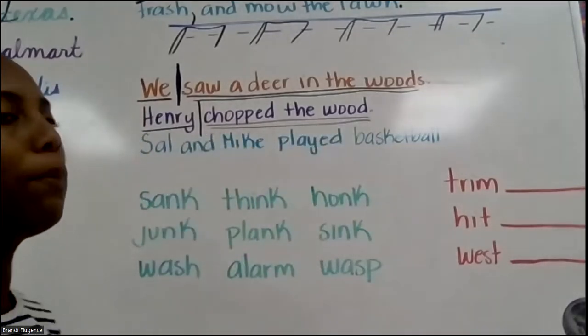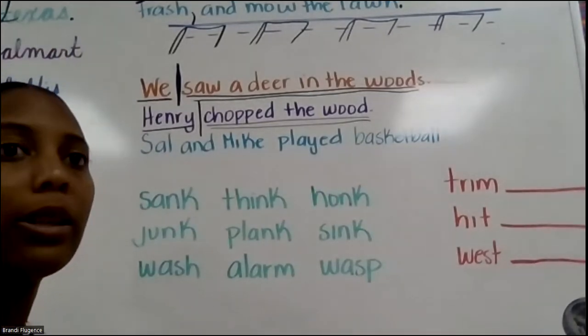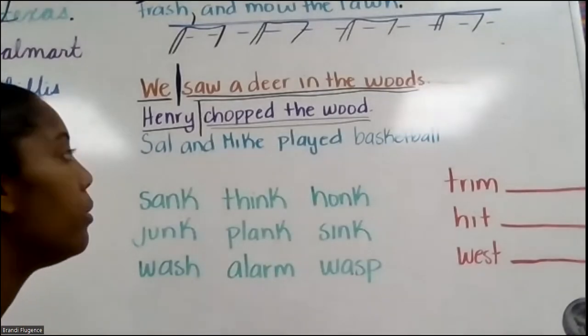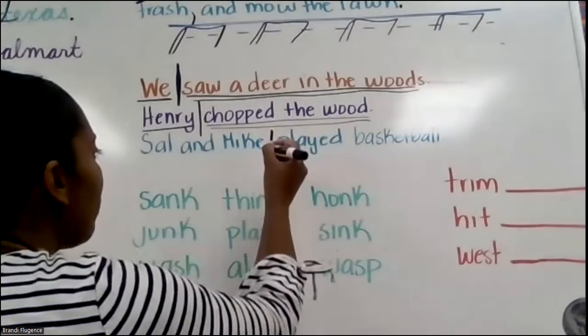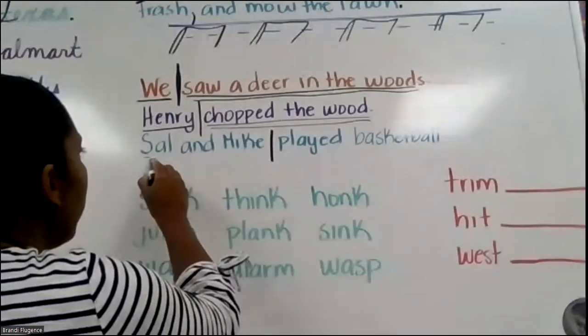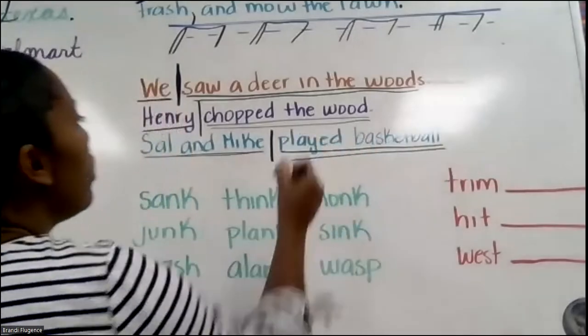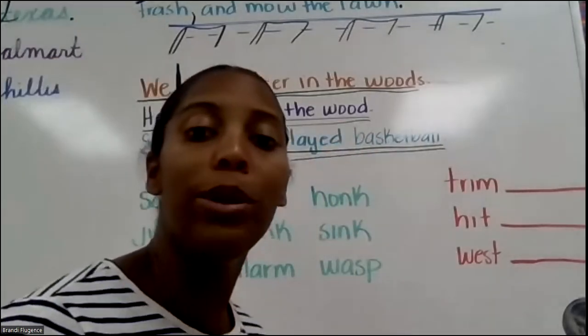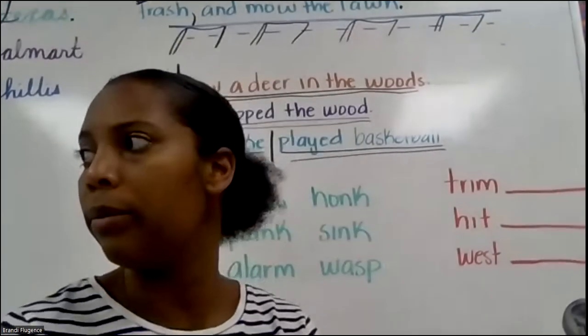Next, Sal and Mike played basketball. Where am I dividing? Between Mike and played. What's my subject? Sal and Mike. What's the predicate? Good. So remember, guys, your subject is who it's about. Your predicate is what is going on.